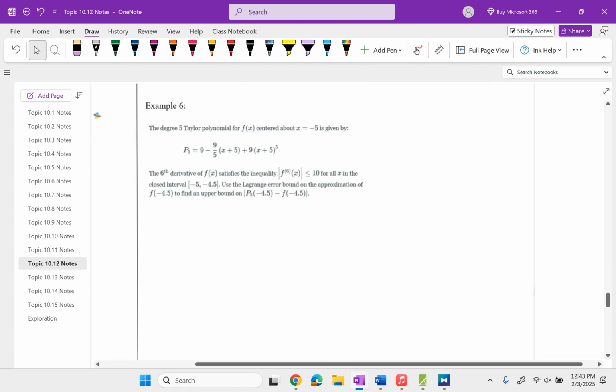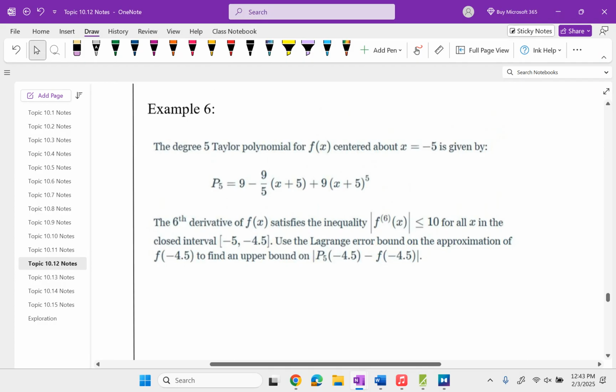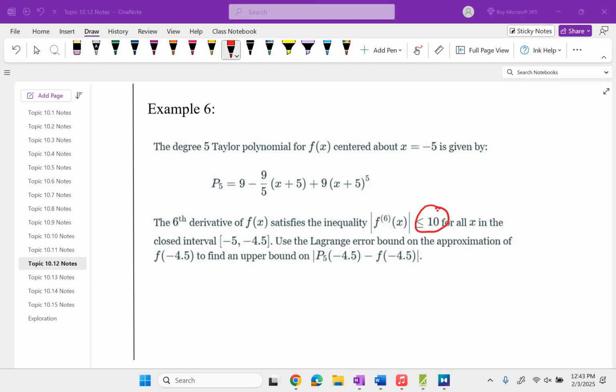Okay, real quick, let's look at the next one, example 6. There's 3 different types here, and I want to make sure that you've at least seen a couple of them. It's no different. They gave us the polynomial, right? So what is the maximum value of this polynomial? What does it tell us here? 10. What degree are they wanting me to evaluate at?